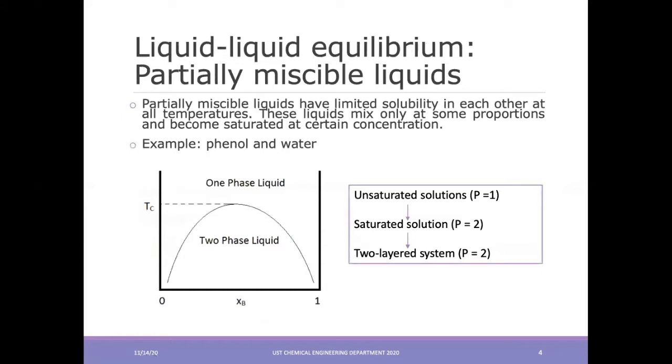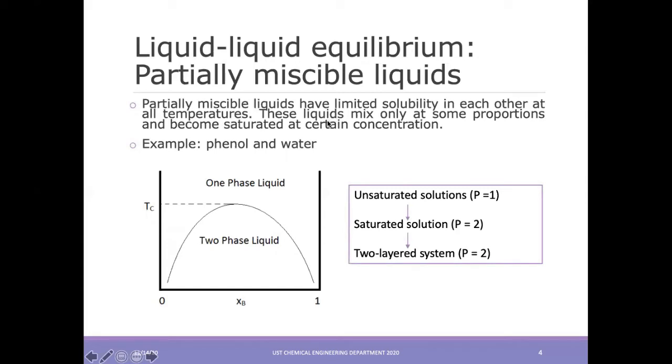Now, the same changes will take place if addition is done in reverse order. Let's say water is added to phenol. Water is partially soluble in phenol and will dissolve in phenol to a limited extent. Take note that temperature is a consideration for partially miscible liquids.